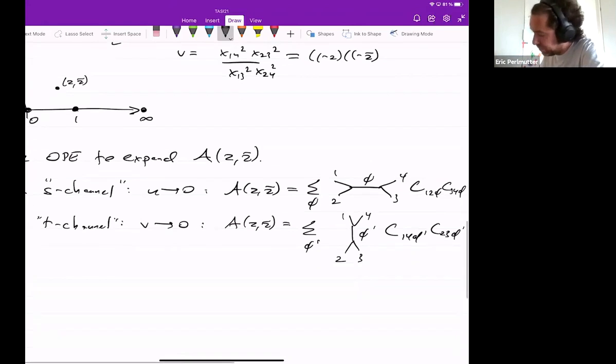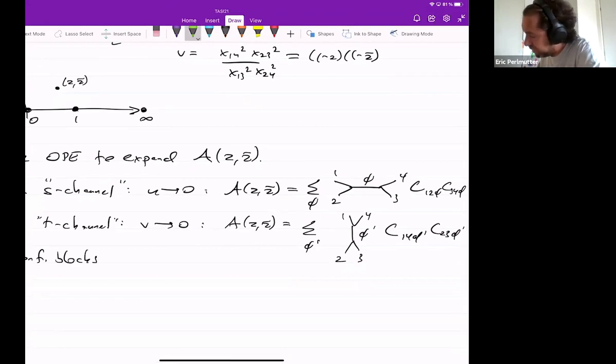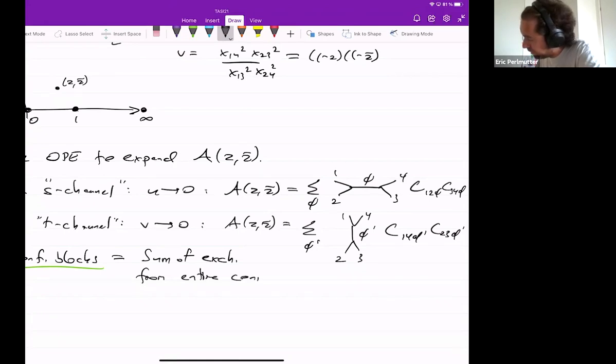So conformal blocks are defined by the sum of exchanges in some correlator from an entire conformal multiplet.